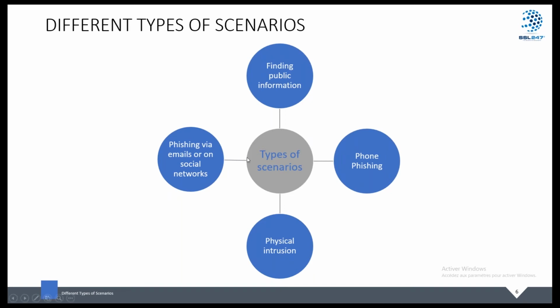Now let's move on to phishing via email or social networks. There are two main types of phishing. The first one is waterholing. In a company context, it means creating a copy of a website the company uses all the time, for instance a webmail or an HR application, something used every day by every employee.